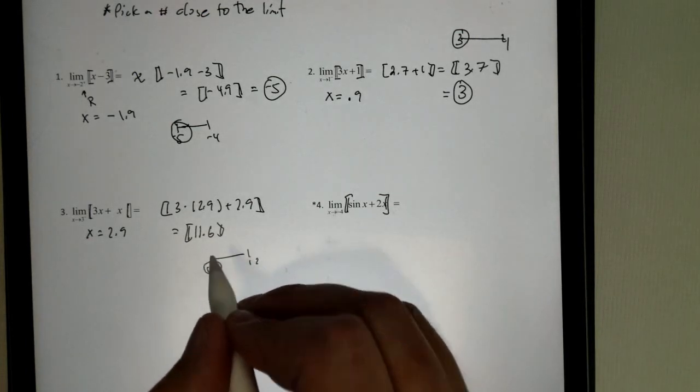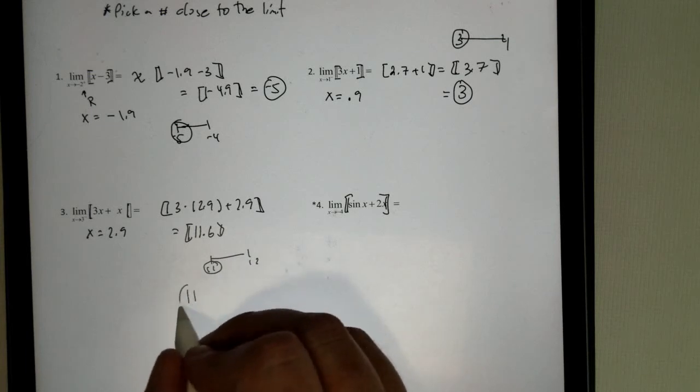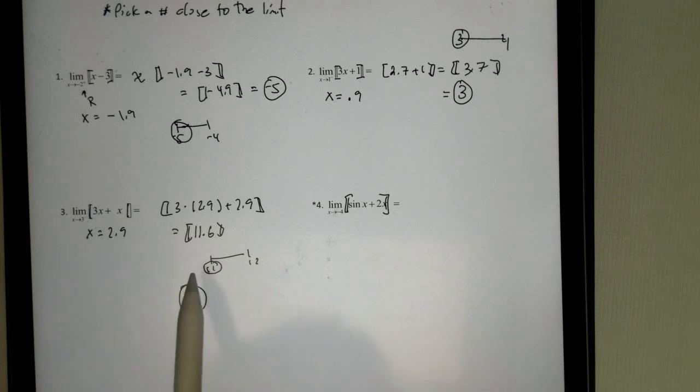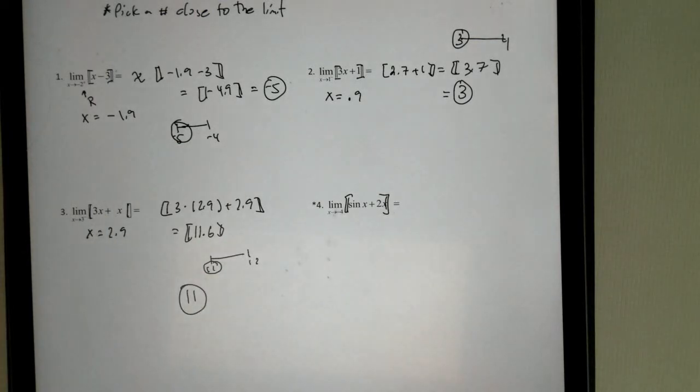The smallest number is 11. So as x approaches 3 from the left, this function is approaching 11. This is a lot easier than graphing these. These weren't very easy to graph, if you remember from last year.